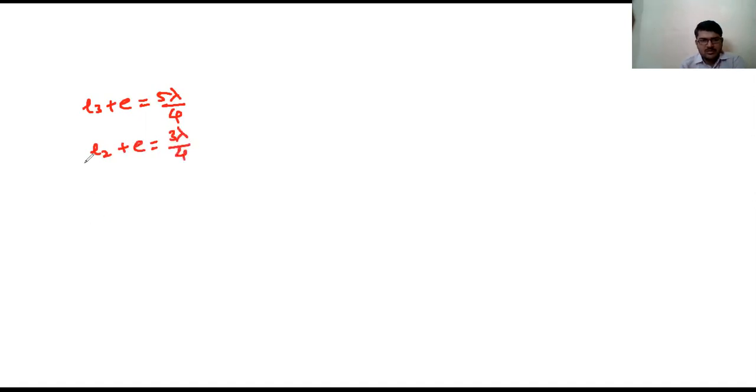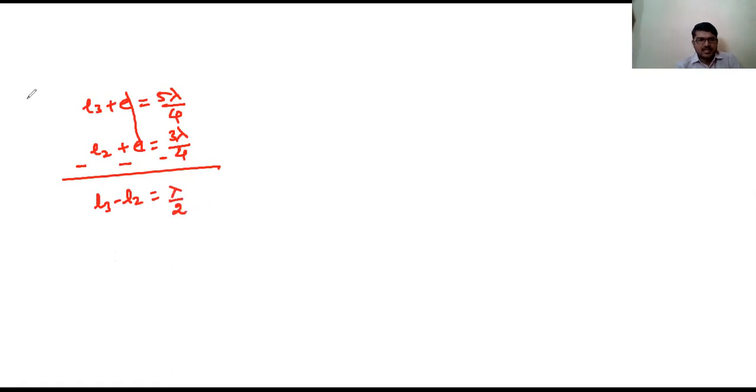Subtract both, equations 2 and 3. L3 minus L2 is equal to, see how much lambda comes: 5 lambda minus 3 lambda, 2 lambda by 4. Yes or not? 2 lambda by 4 means again lambda by 2 only.